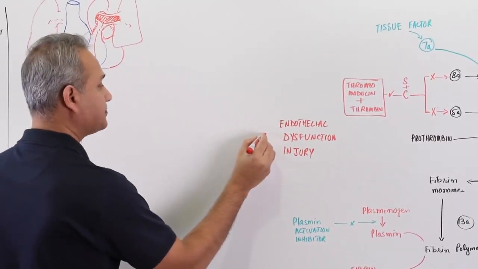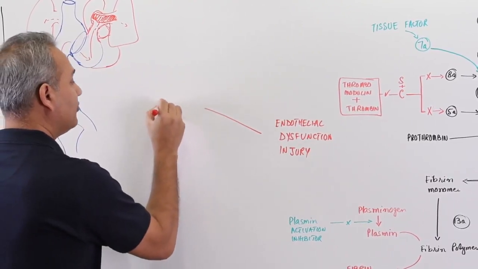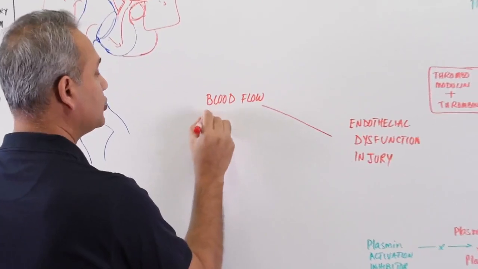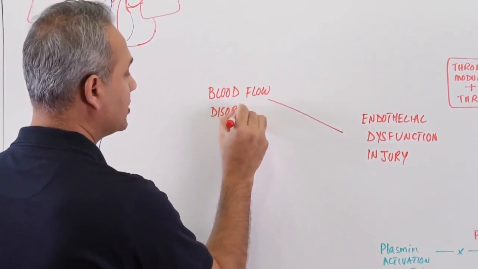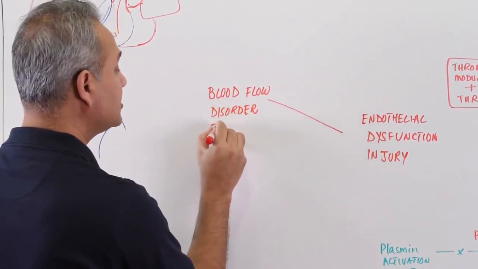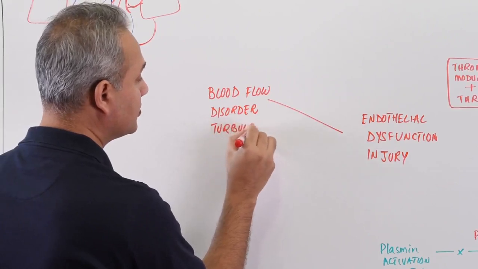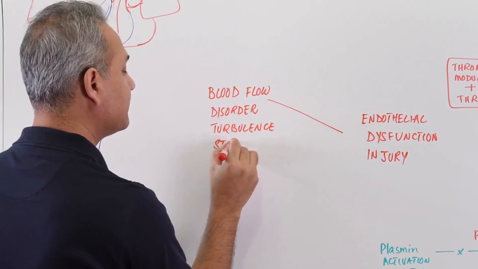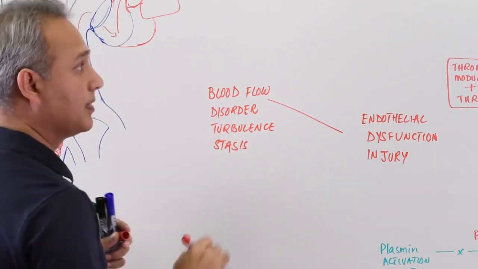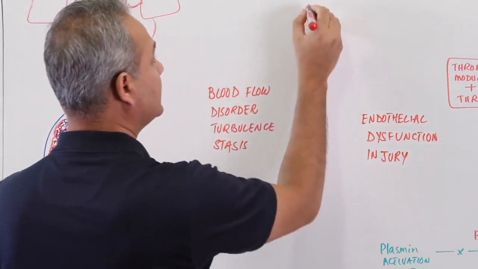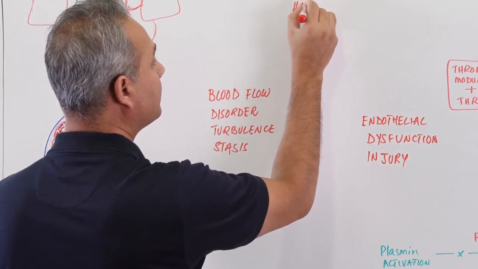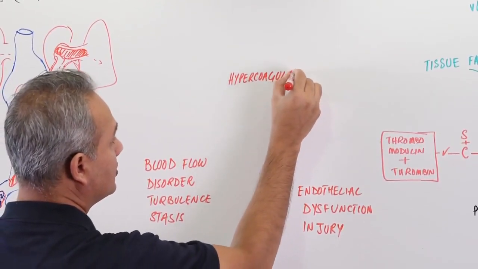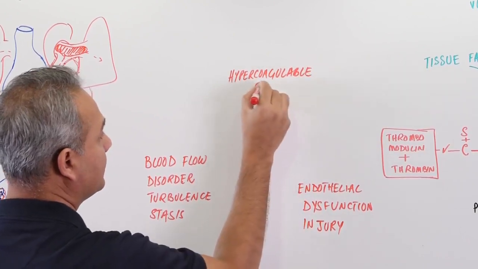Second is blood flow disorder, where there may be turbulence or stasis of blood flow. And the third one is the hypercoagulable state.